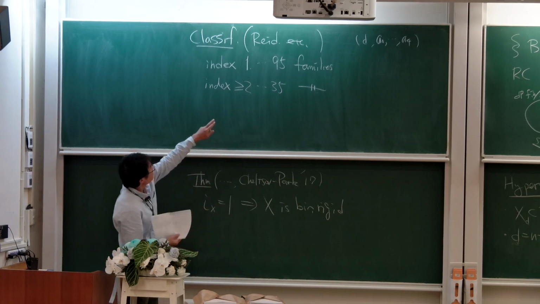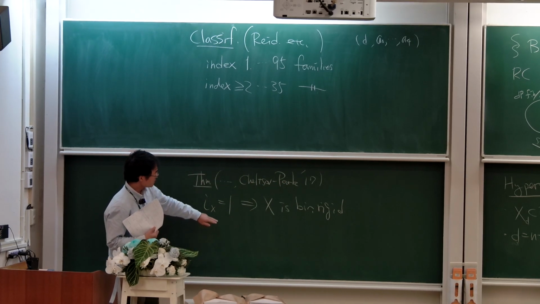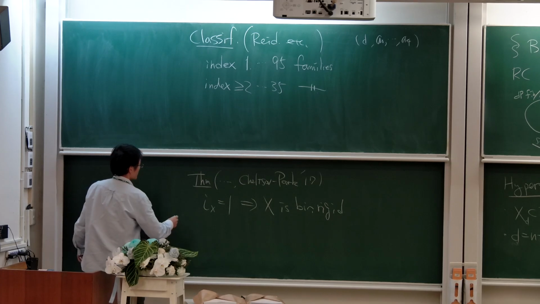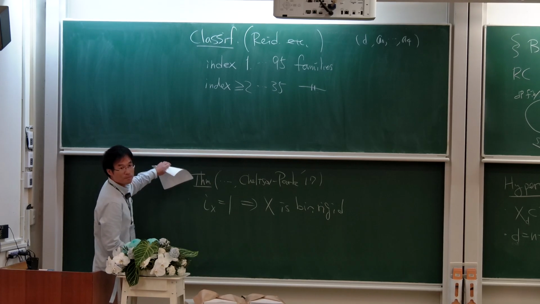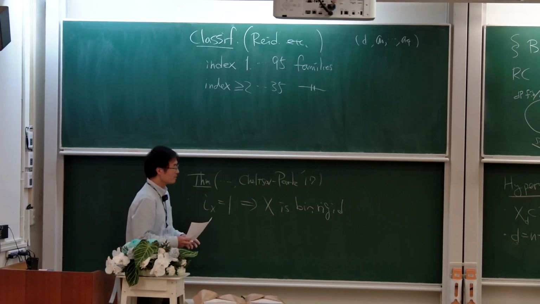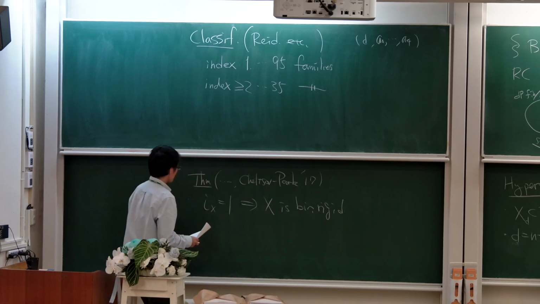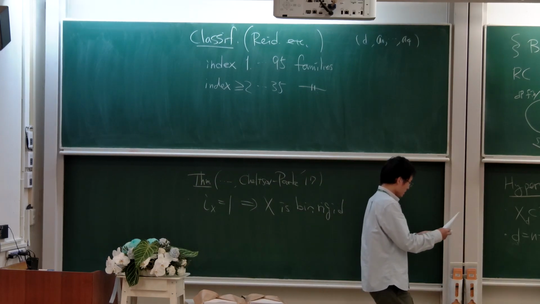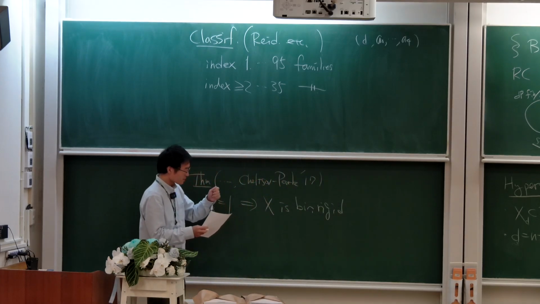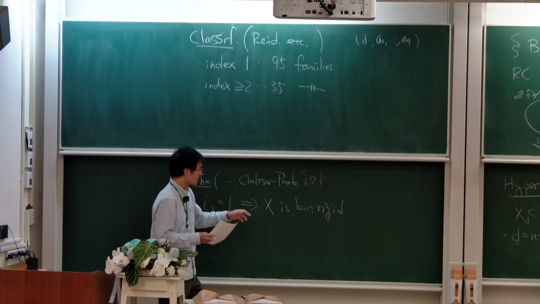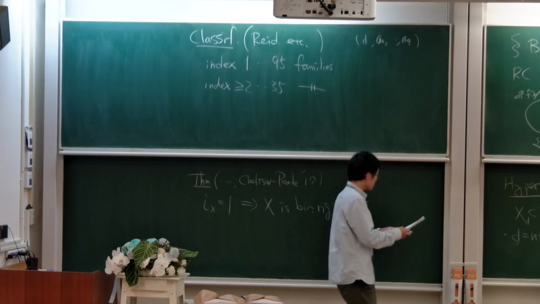For the 95 families of index 1 case, X is birationally rigid, for every quasi-smooth one. It is usual that someone proves this kind of result with some generality assumption, and then they remove this assumption.